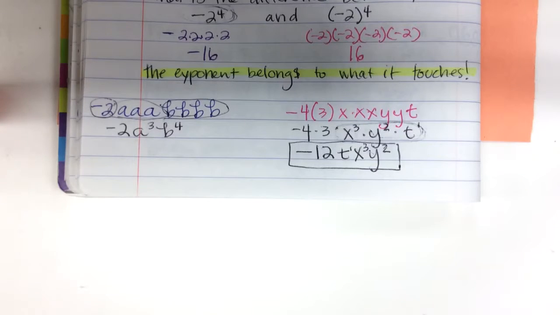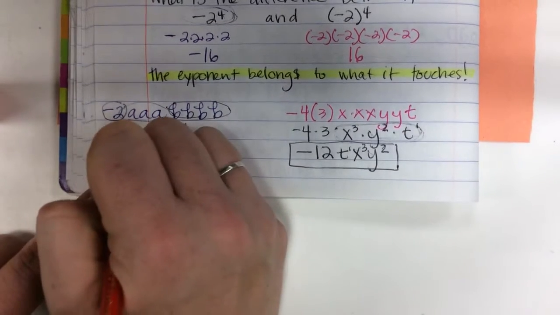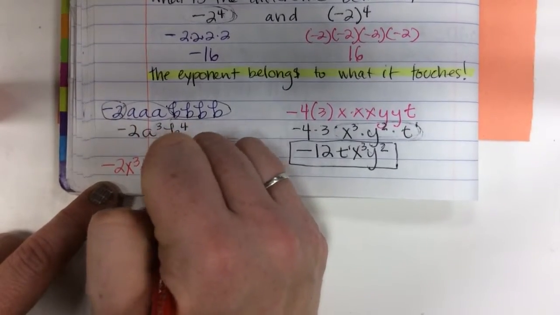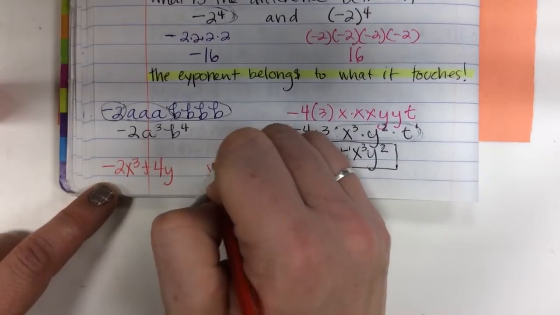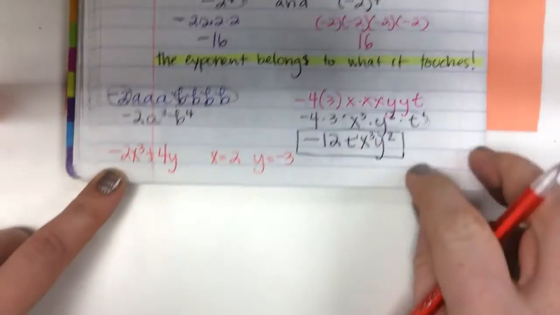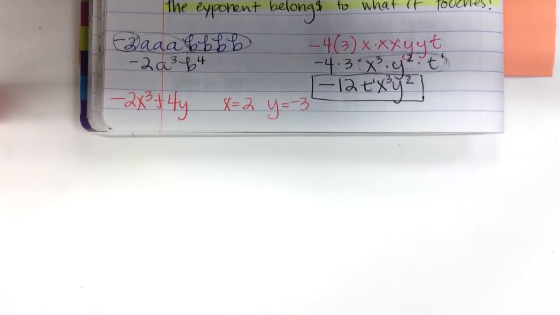What if I gave you a math problem like this? What if I said negative 2x to the 3rd plus 4y, and then I said, oh, by the way, x is 2 and y is negative 3.